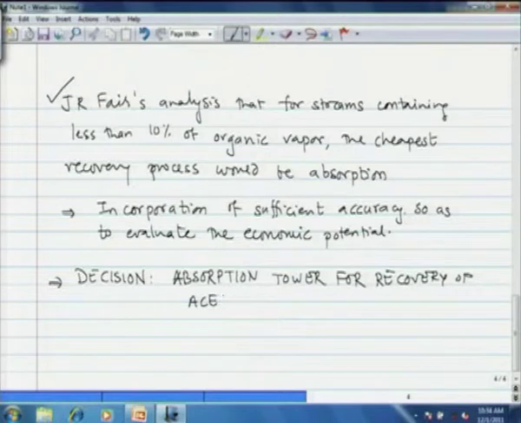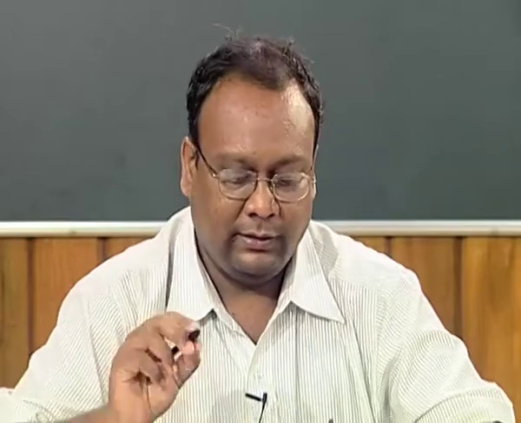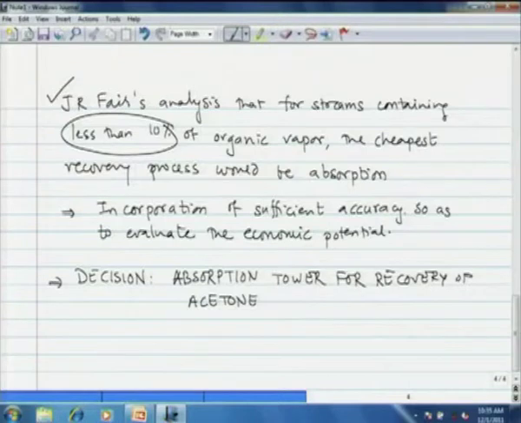The content of acetone in the waste gas stream is sufficiently low to meet the criteria of less than 10%, and therefore, we decide to go for the absorption process. So, that is the first decision that we make. Okay. Now, based on this decision, we have to generate a very simple design problem.